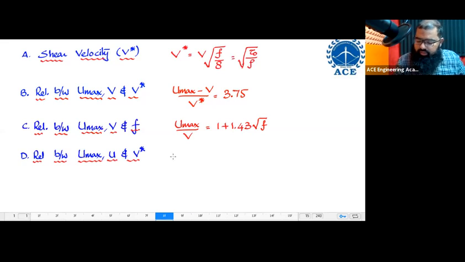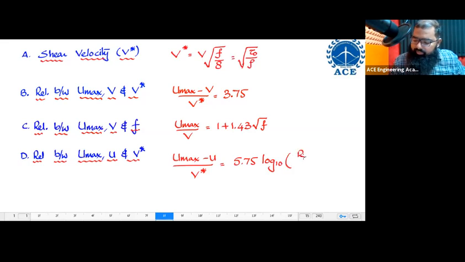The formula goes something like this: U maximum minus U upon V star is equal to 5.75 log to the base 10 capital R upon capital R minus small r. This is a formula you're going to have. So these are some formulas for turbulent flow.